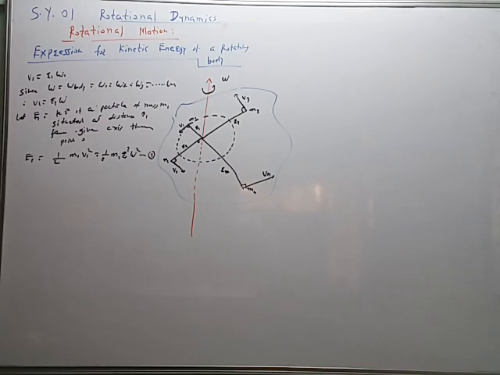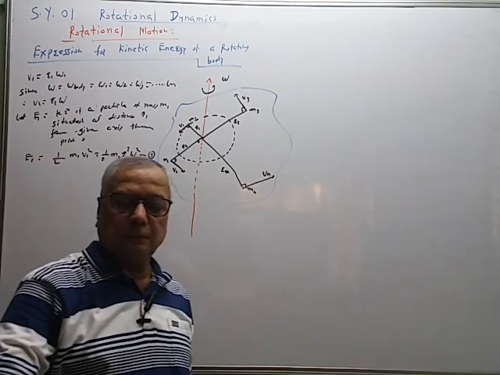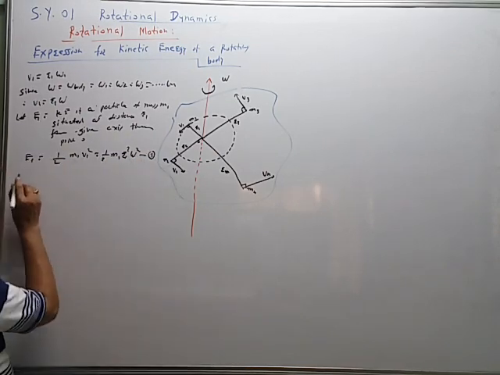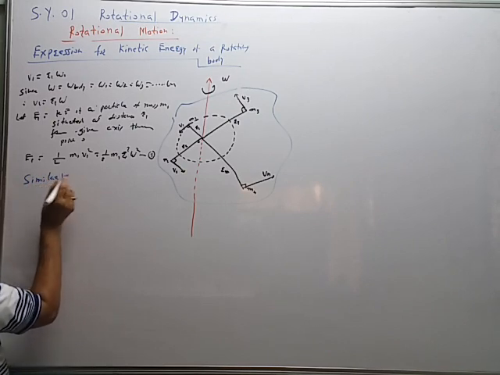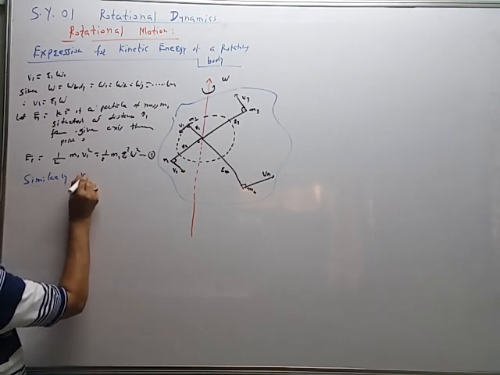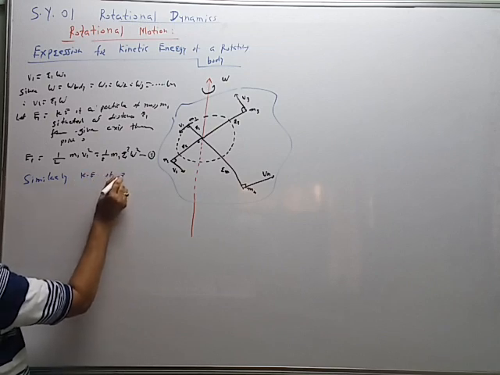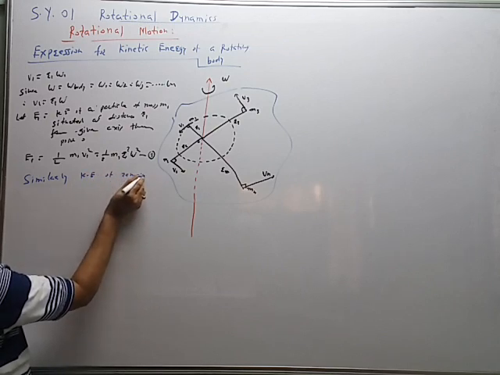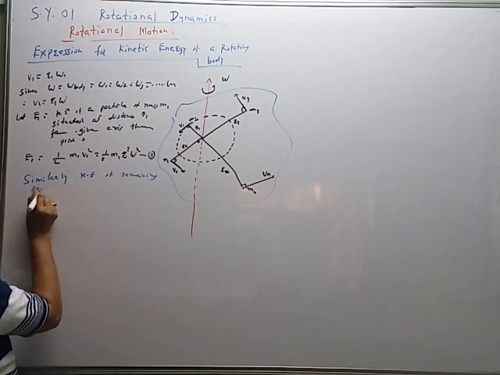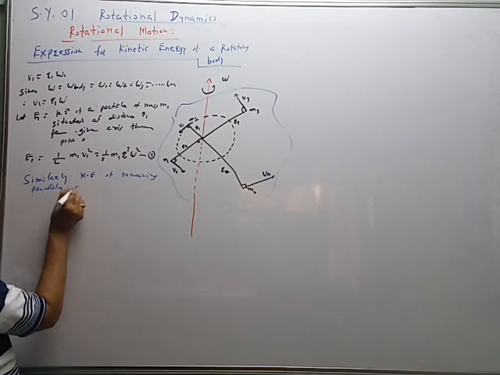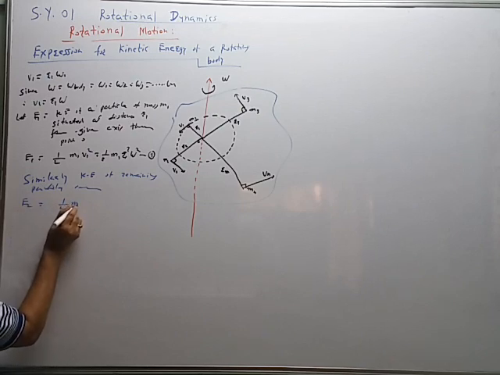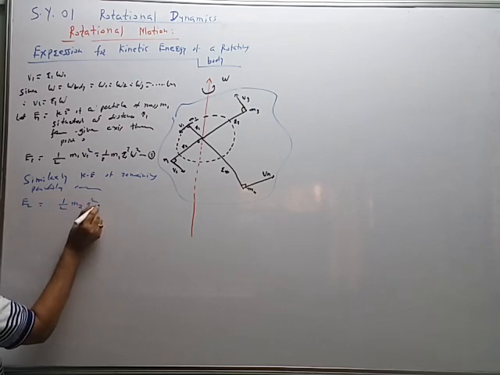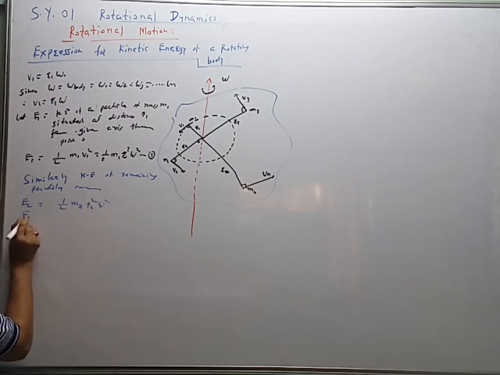Similarly, you can give the kinetic energy of the remaining particles. E2 is equal to 1/2 m2 r2 square omega square.